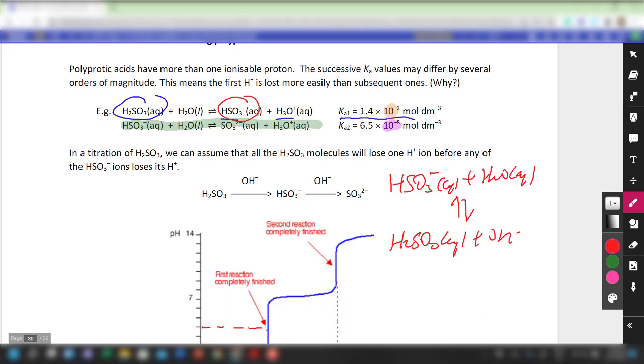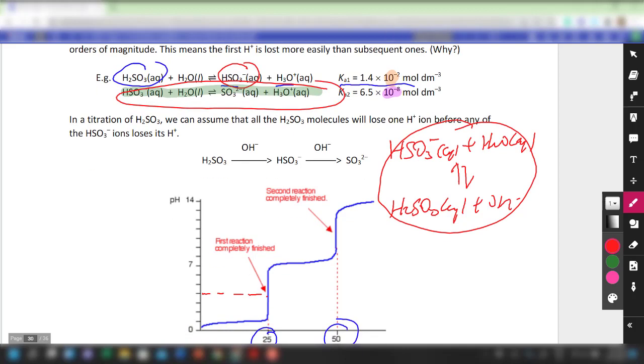So a proper calculation requires you to take into consideration both of these reactions in order to calculate the final pH, which you are not equipped with at this stage. So in that case, most of the time we will not ask you to calculate the pH of the first equivalence point.